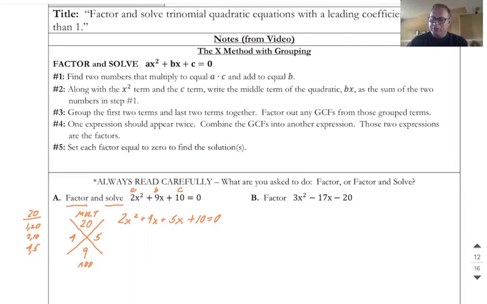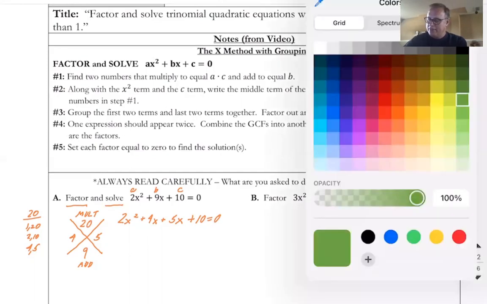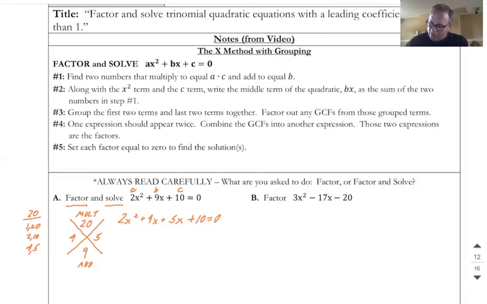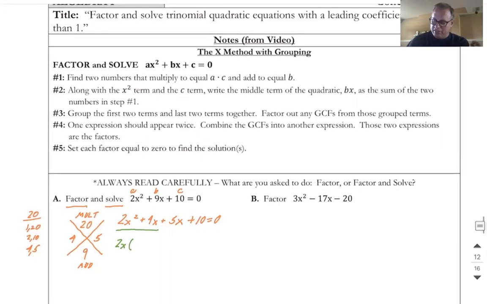Step 3 says group the first 2 terms and the last 2 terms together. Okay, so let's go ahead and do that. These first 2 terms, let's find the greatest common factor. Well, the greatest common factor of 2x squared and 4x is 2x. Now, if I take a 2x out of both of those first 2 terms, that's going to leave an x plus 2.